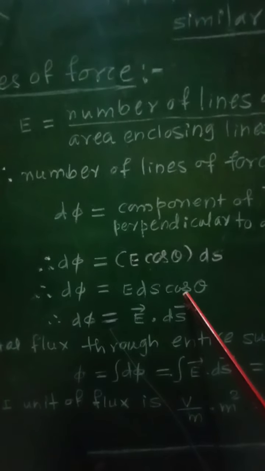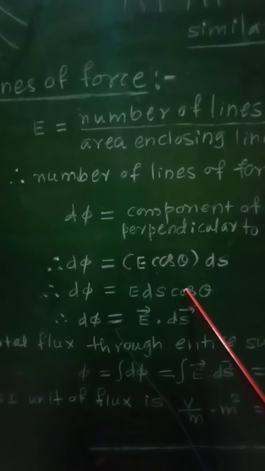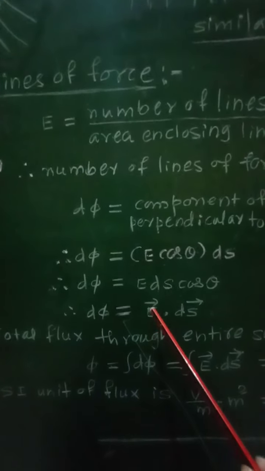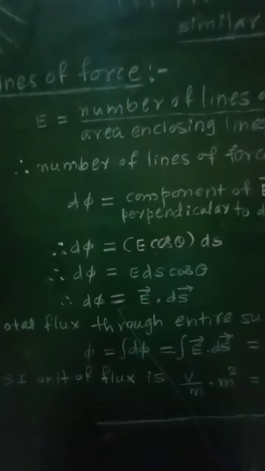As it is E ds cos theta, it represents the scalar product of E and ds, and therefore d phi will be equal to vector E dot vector ds.